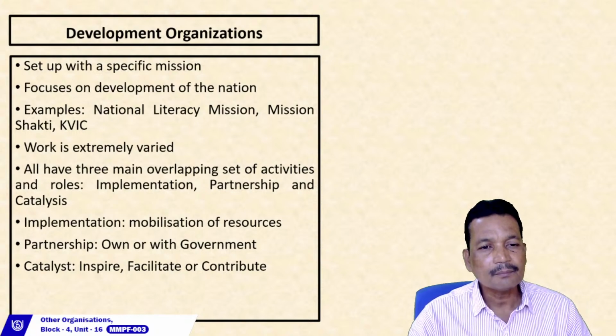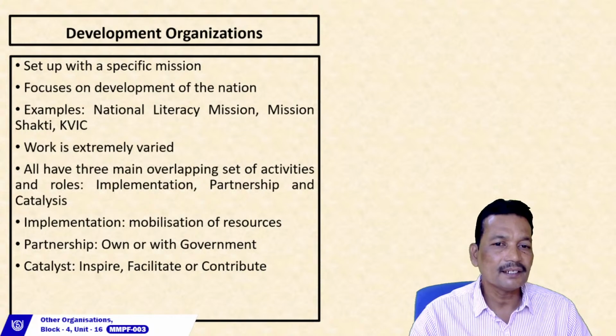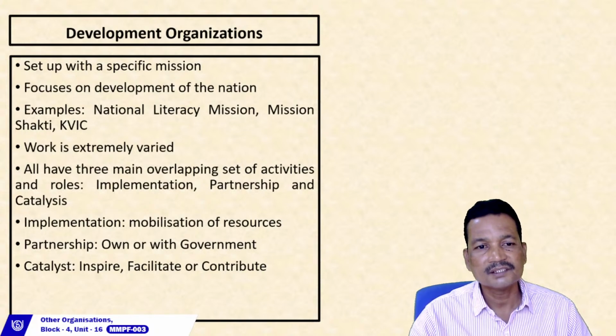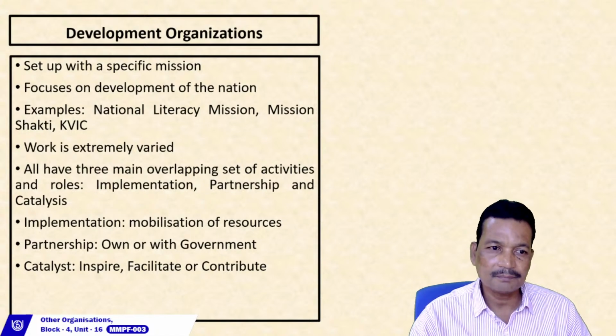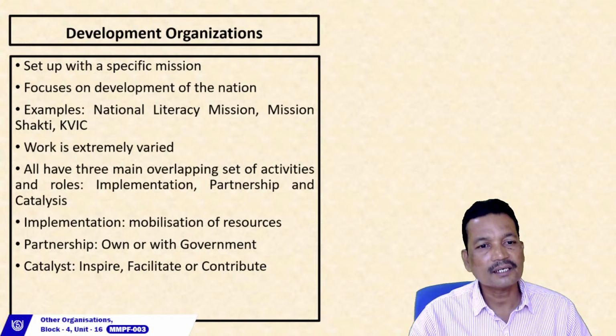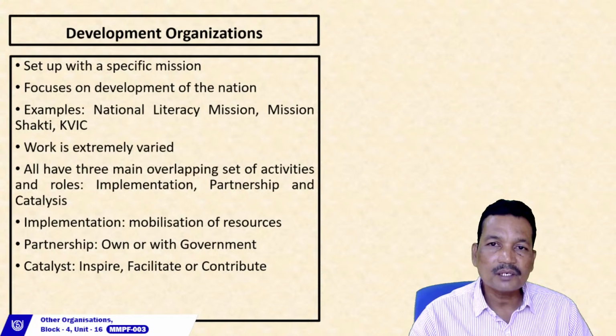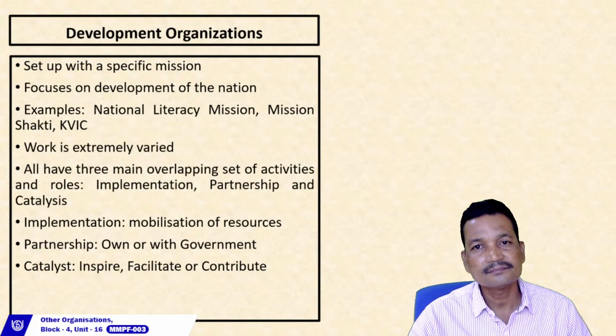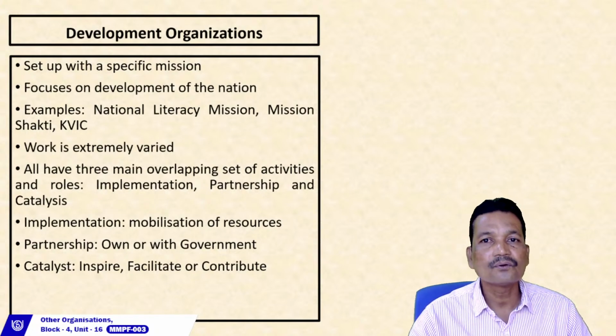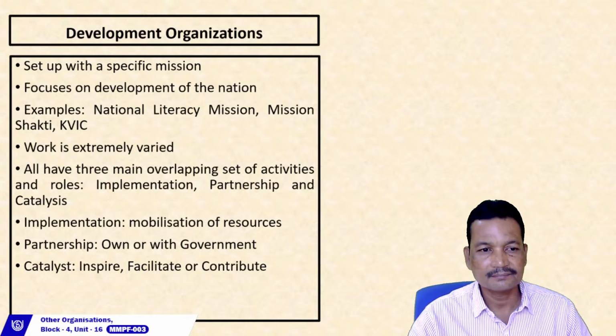So here we have three main overlapping sets of activity and roles: the implementation, the partnership, and catalysis. The organization implements the program, maybe in partnership with certain other organizations, and the program tries to catalyze, that means increase the rate of the developmental activities.